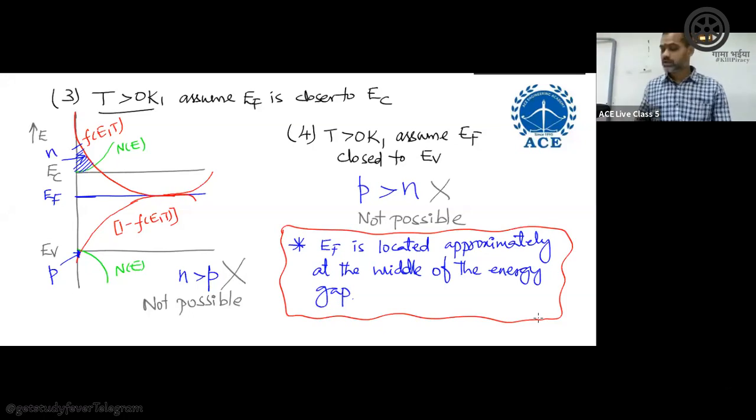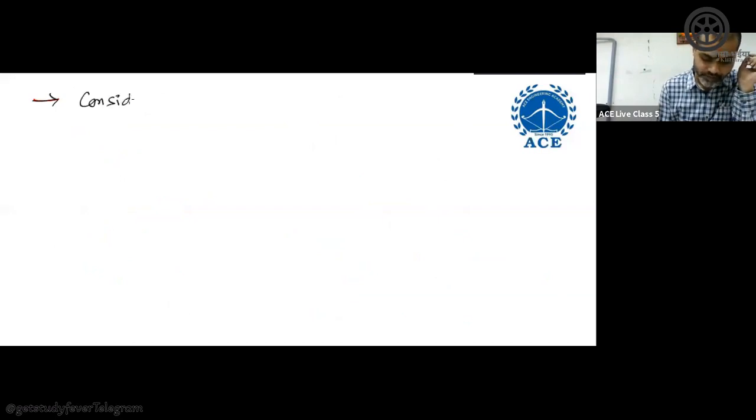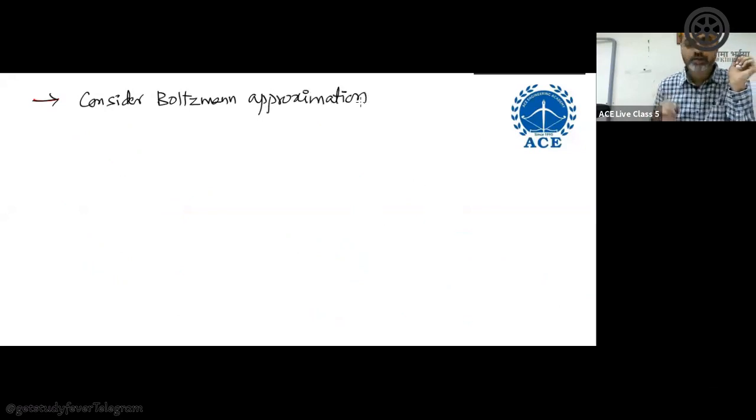Yes, okay, now we'll try to understand the Boltzmann approximation. We have given the Boltzmann approximation, and we'll try to understand whether it is applicable or not. Consider the Boltzmann approximation.